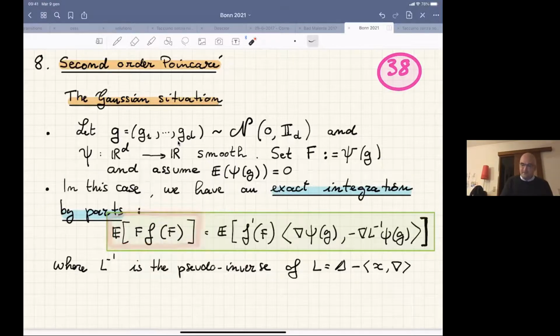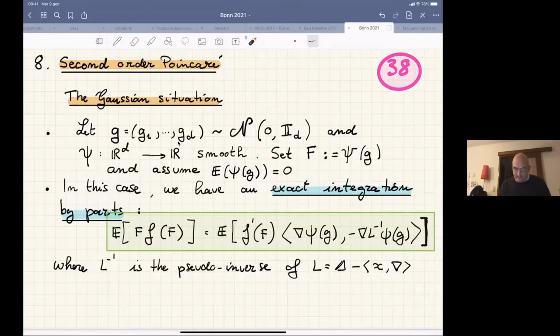So in the Gaussian space, if you take f sufficiently smooth, the expectation of F times little f of capital F can be written exactly as the expectation of f prime of F times the inner product of the gradient of psi of G and minus nabla L minus 1 psi of G, where L minus 1 is a pseudo-inverse of the generator of the Ornstein-Uhlenbeck semigroup that already appeared yesterday in Joe Neeman's talk. You can prove this in a very similar way to what I did on a Poisson space, and therefore the task of assessing the distance to Gaussian of a random variable F of this type is actually easier on a Gaussian space.